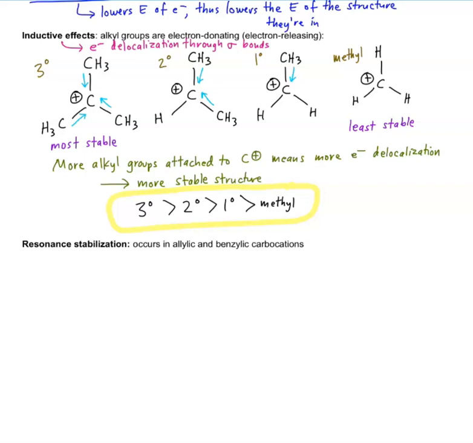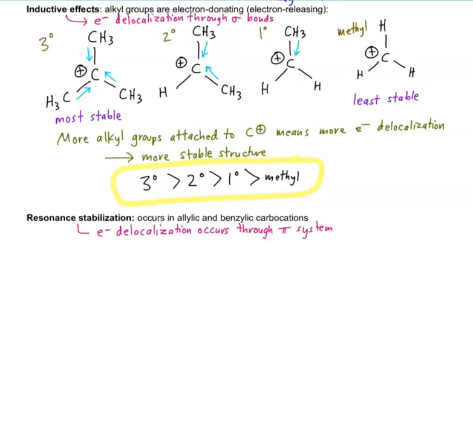Another effect we saw has to do with resonance stabilization. Now remember that resonance stabilization, the electron delocalization, is occurring through a pi system. So the places where this is going to matter would be in the cases of allylic and benzylic cations.